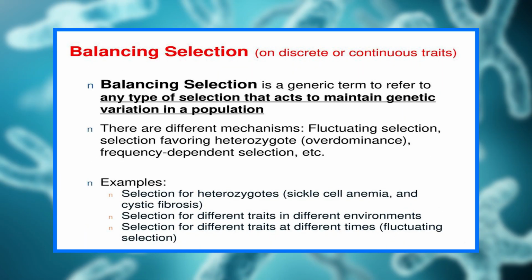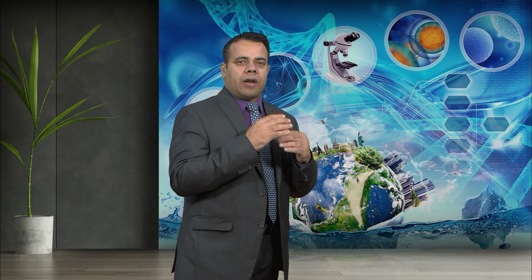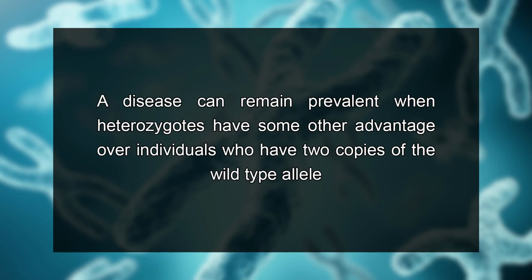If natural selection eliminates individuals with detrimental phenotypes from a population, then why do harmful mutant alleles persist in a gene pool? A disease can remain prevalent when heterozygotes have some other advantage over individuals who have two copies of the wild type allele.